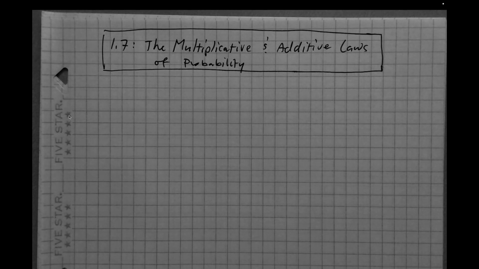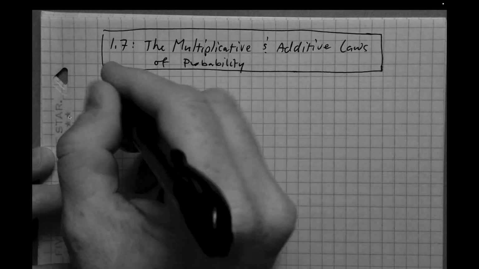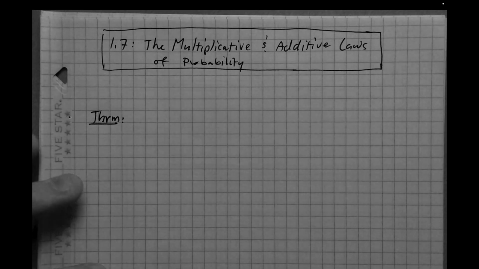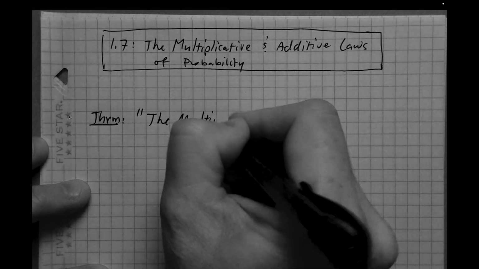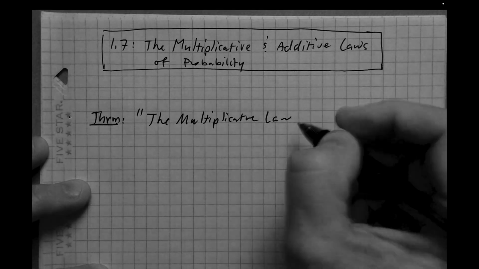And so we'll just start with the theorem for the multiplicative law, and then we'll talk it through. So let's start by just stating the theorem. This is what we're going to call the multiplicative law of probability.